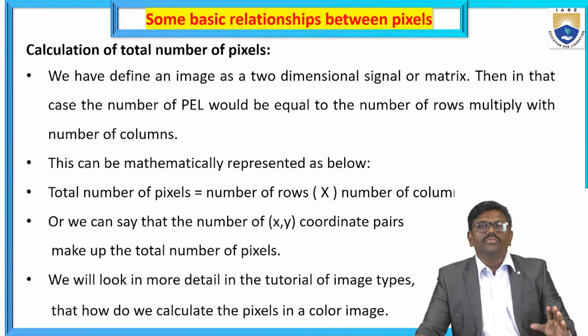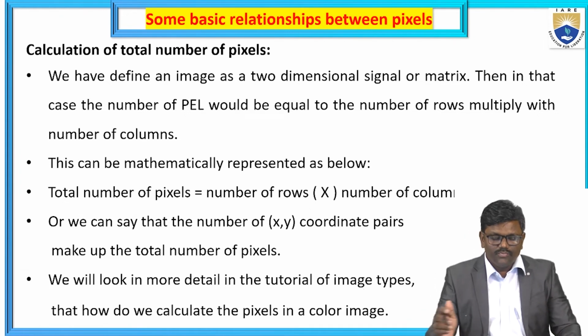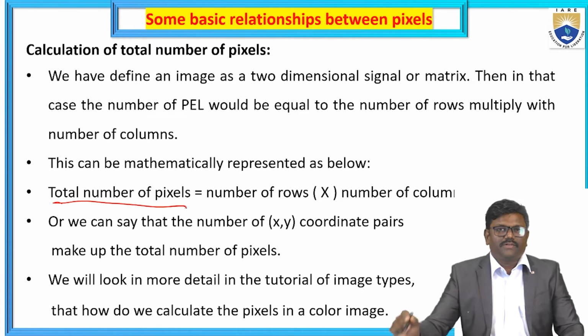That means I have a two-dimensional matrix image. Being a matrix, it has rows and columns, and based on the number of rows and number of columns, we find the total number of pixels.